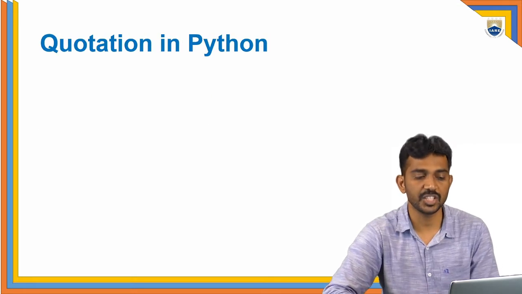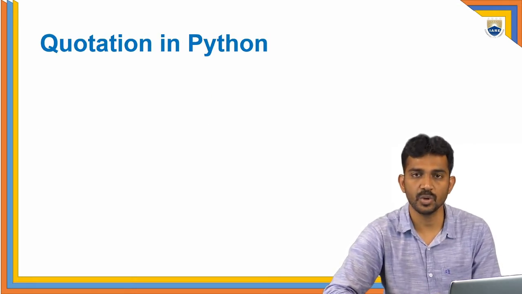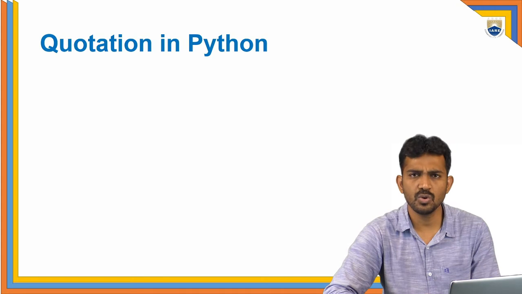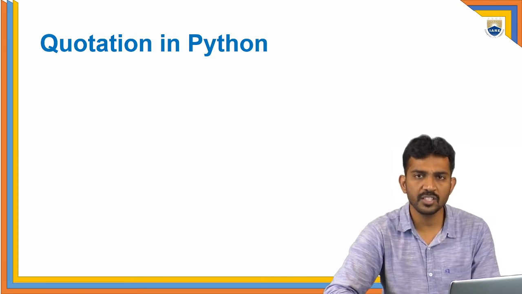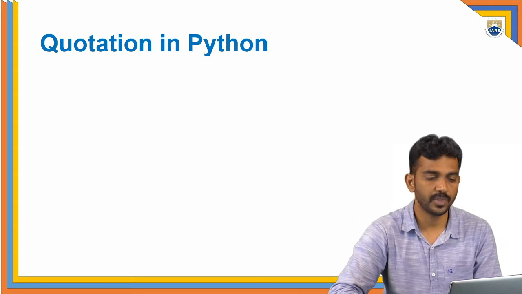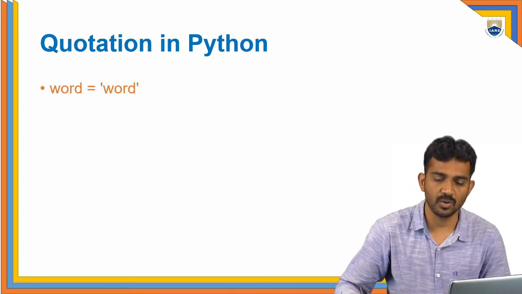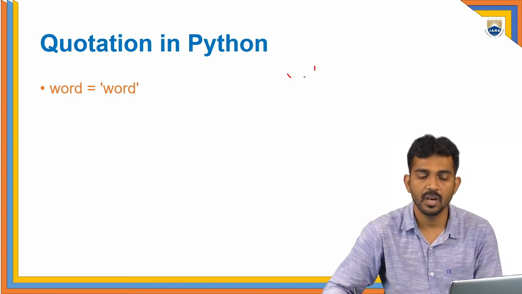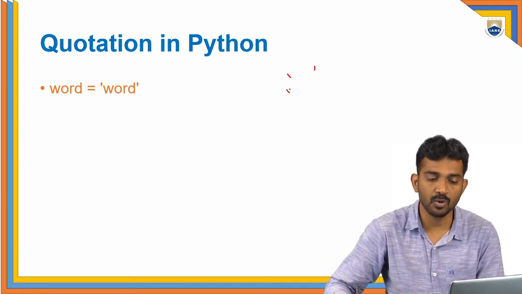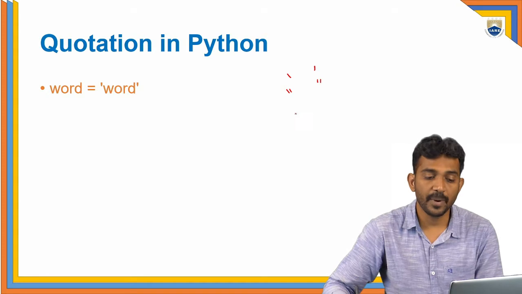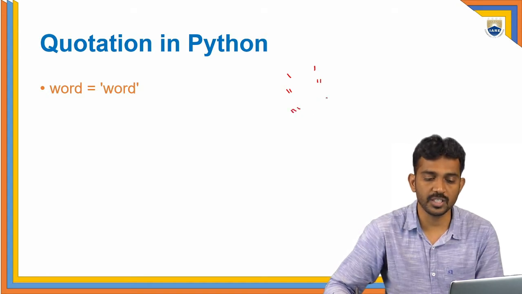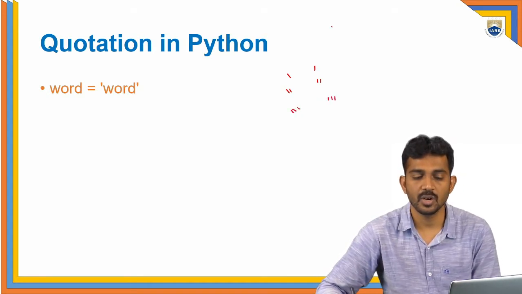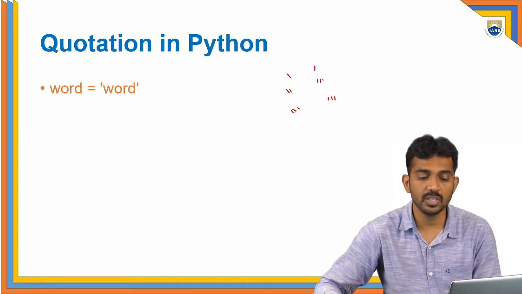Next, quotations in Python. We have different kinds of quotations. This is a single quote, and you already know the double quote. Python supports triple quote quotations also. Single quote, double quote, triple quote.